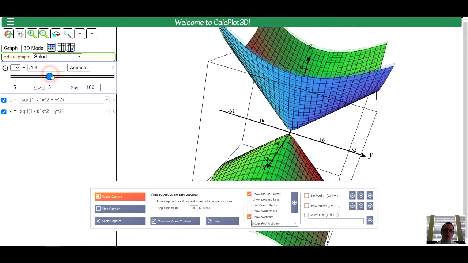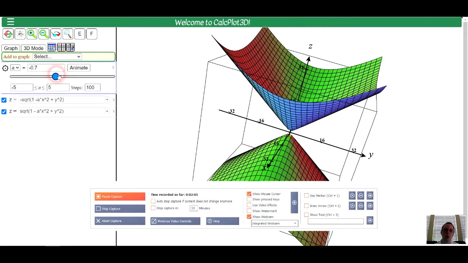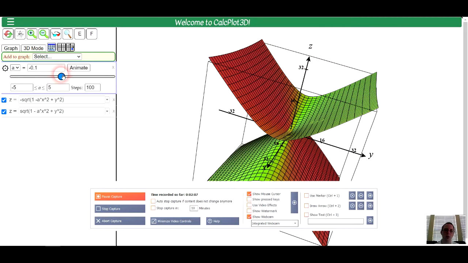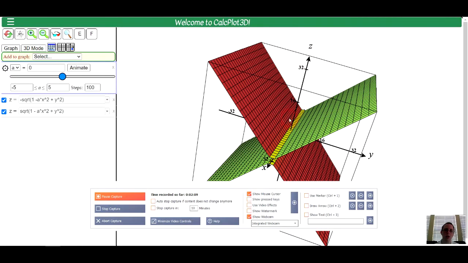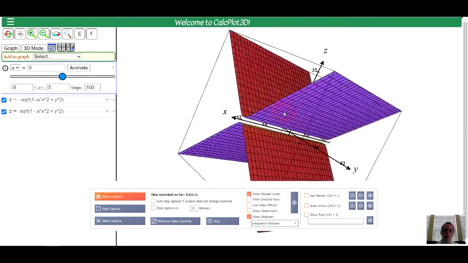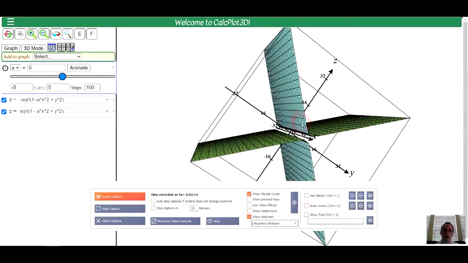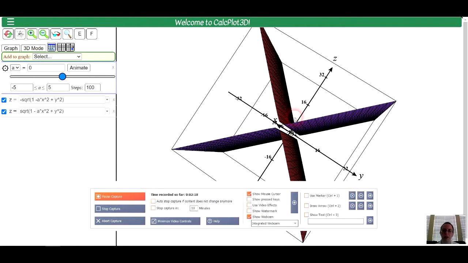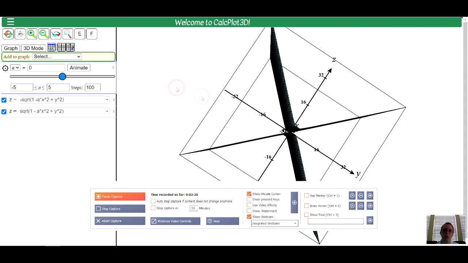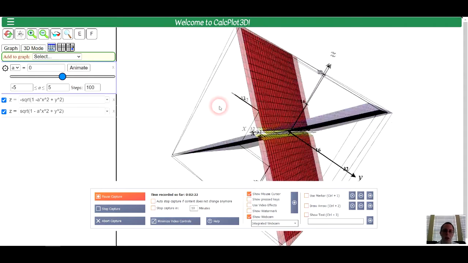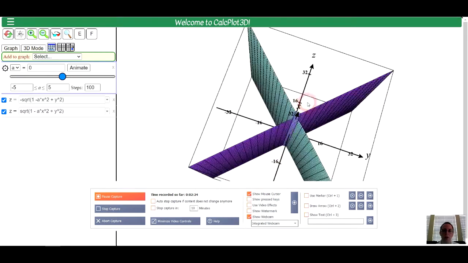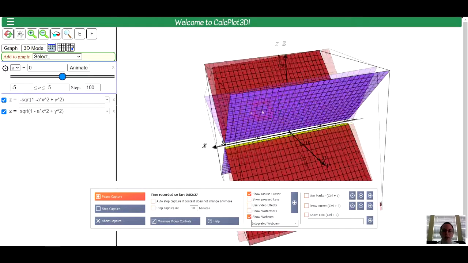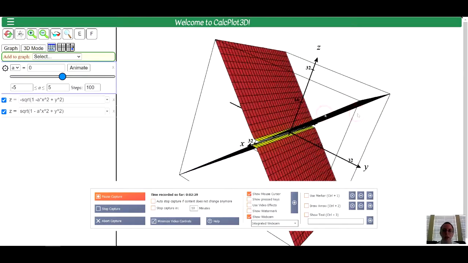And then if I'm moving towards smaller negative values and get down to 0, if the output of the function is actually 0, I have these lines where z just goes and goes. Z is a function of y, but they're parallel to the x-axis.